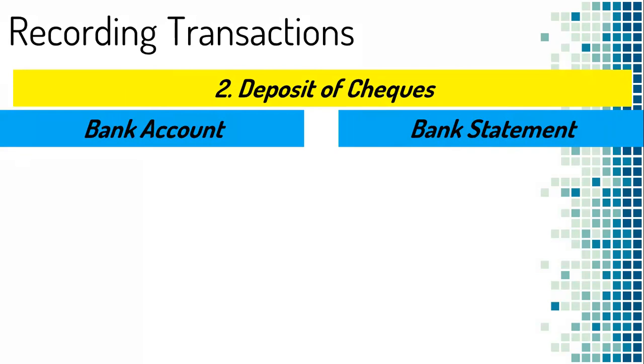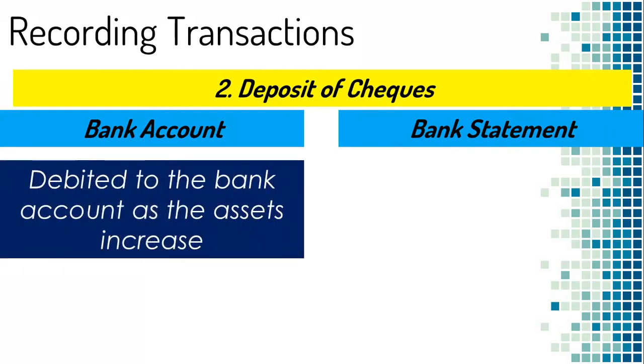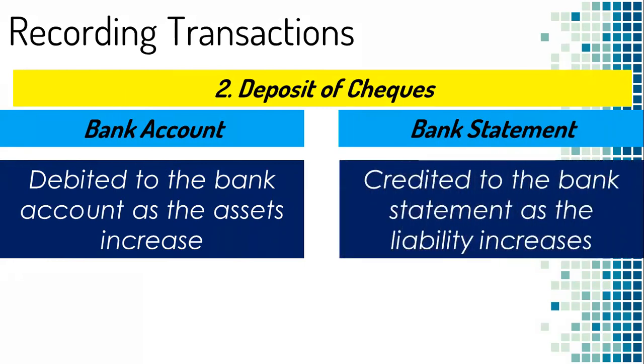When you deposit a check, it increases assets of the business, so the business debits that amount to the bank account. And once the check is realized by the bank, it is credited to the bank statement as their liabilities increase. Everything has a reason.